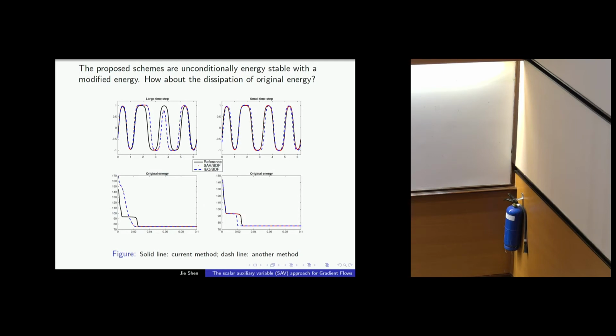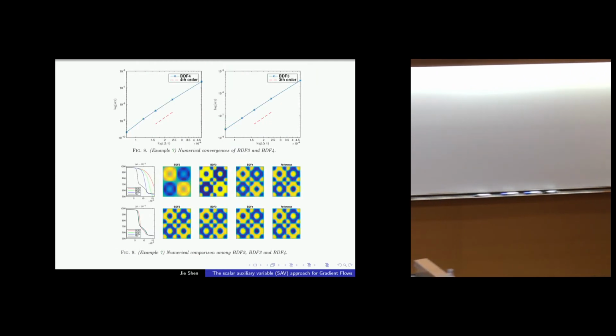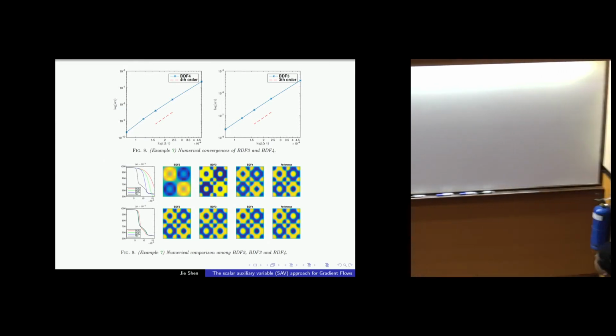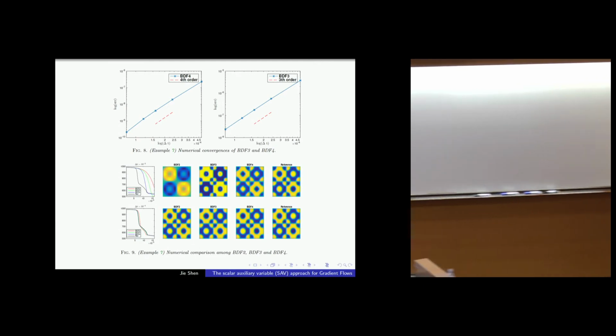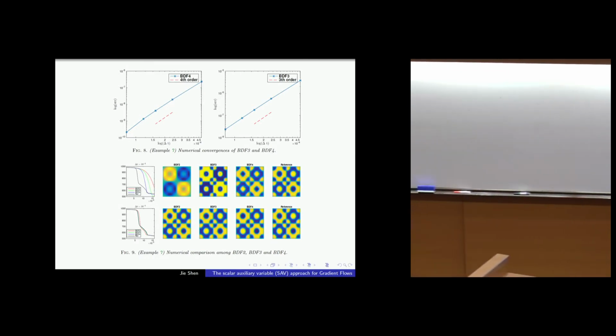Even though we cannot prove it. And this is a test for third and fourth order schemes. They give perfect fourth order and third order, and you can do it with very large time steps.